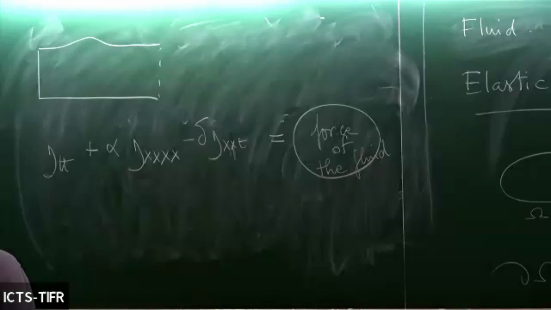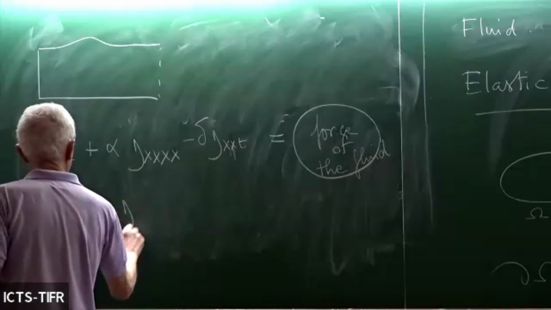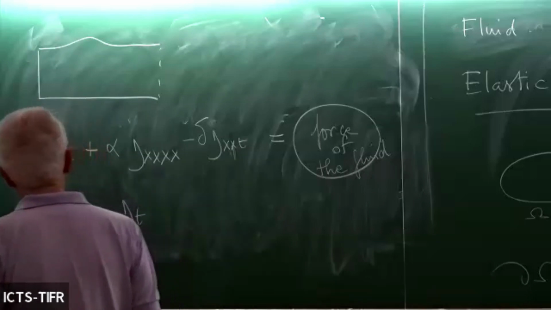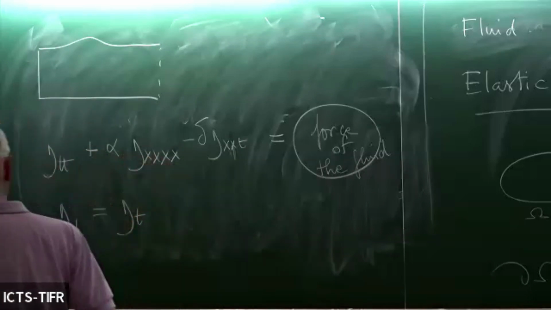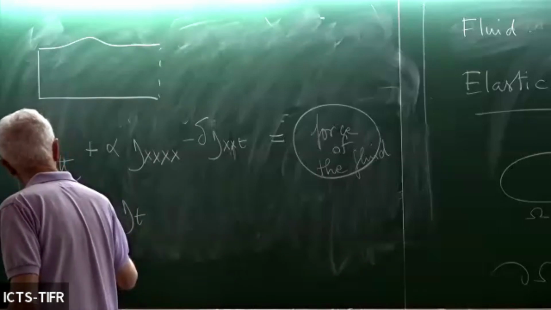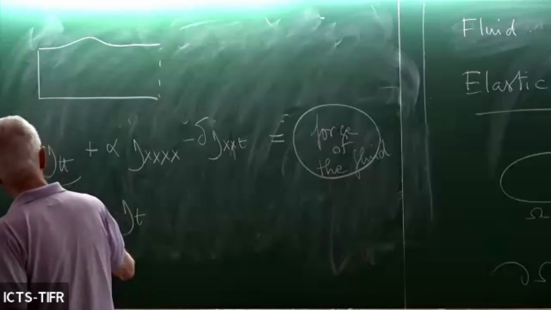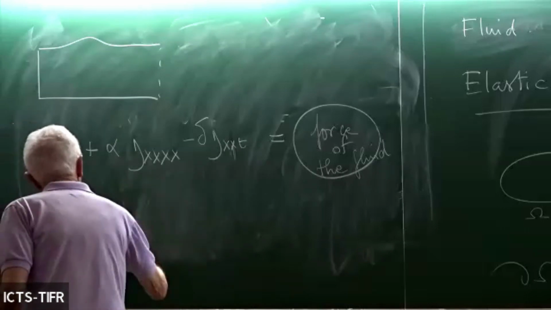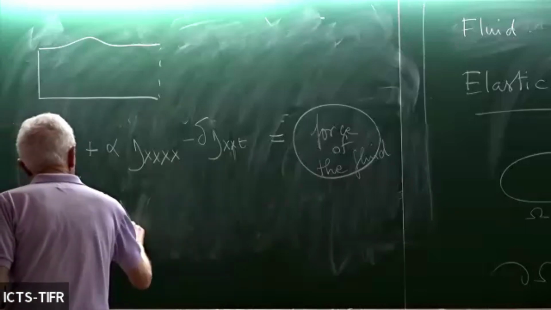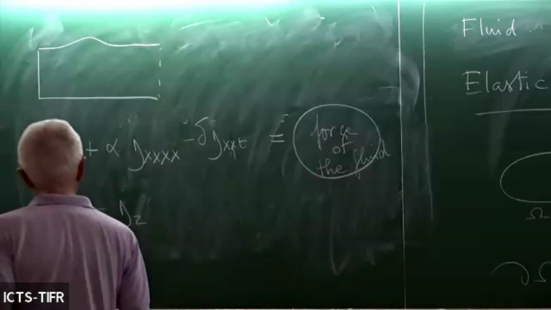But since I am going to use some idea from control theory, I am writing this as a first order equation. So I introduce eta 1, which is the time derivative of eta, and I write the equation here for eta 2. So eta 2 is equal to eta 1t, if I want to write an evolution equation like that.